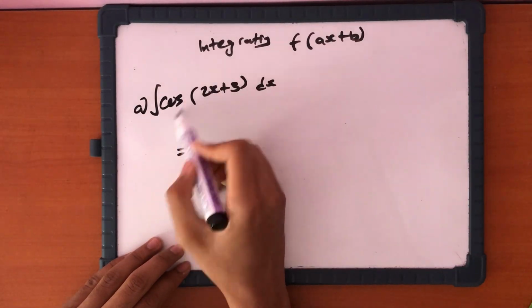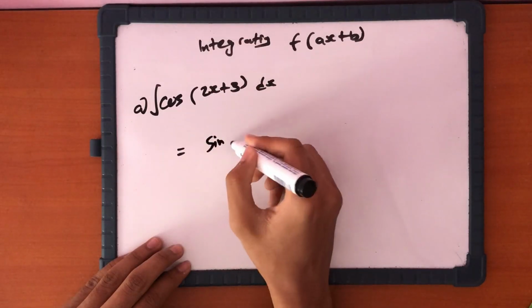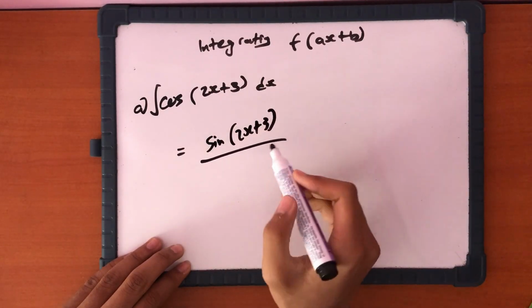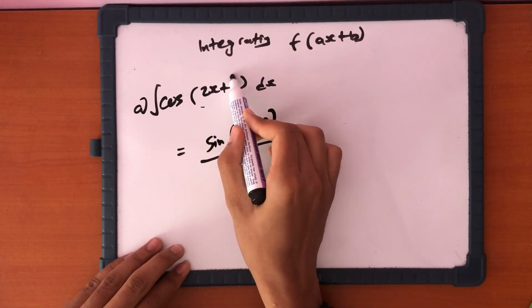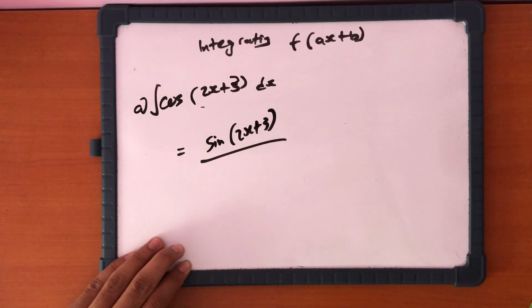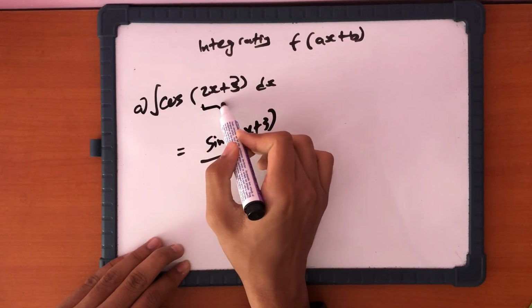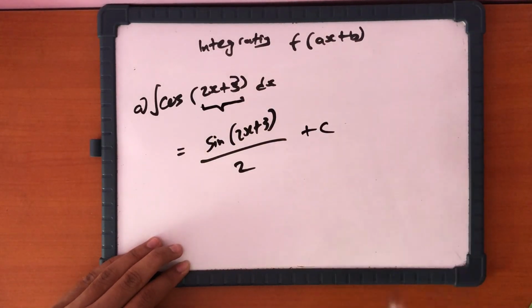Cosine becomes sine, and then the inside function remains the same. And then divide by the derivative of the inside function. In differentiation chain rule, we were multiplying by the derivative of the inside function. In integration, we divide by the derivative of the inside function, and the derivative of the inside function is just 2, plus c.